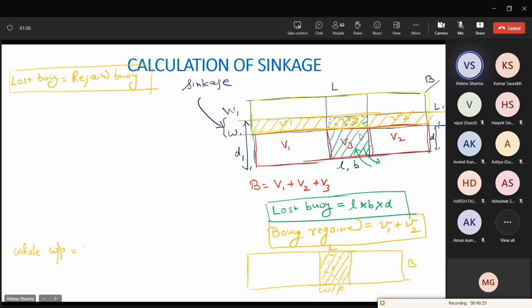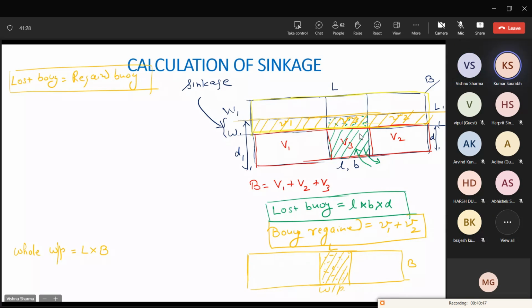The whole water plane is the complete water plane, L into B. Agreed? Yes, sir. So this whole water plane is before bilging. I'm introducing some terms. So you agree this is the whole water plane? Yes, sir.